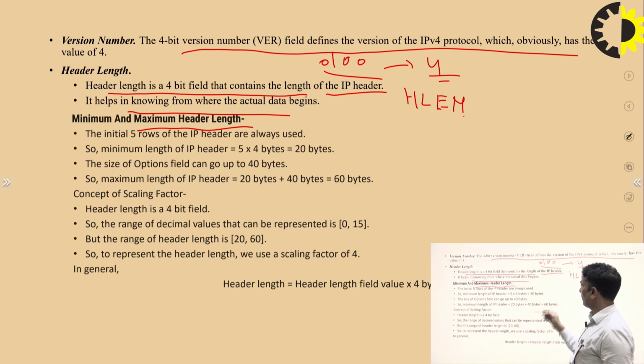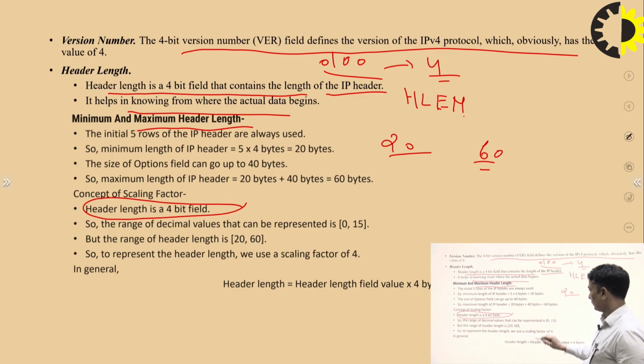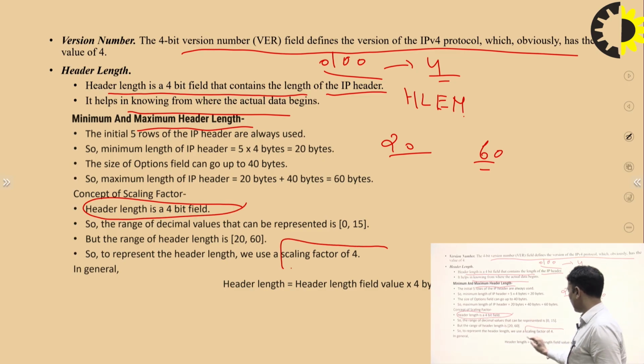We know the minimum header length is 20 and the maximum is 60. So basically this header length value is always multiplied by 4. This is known as the scaling factor.